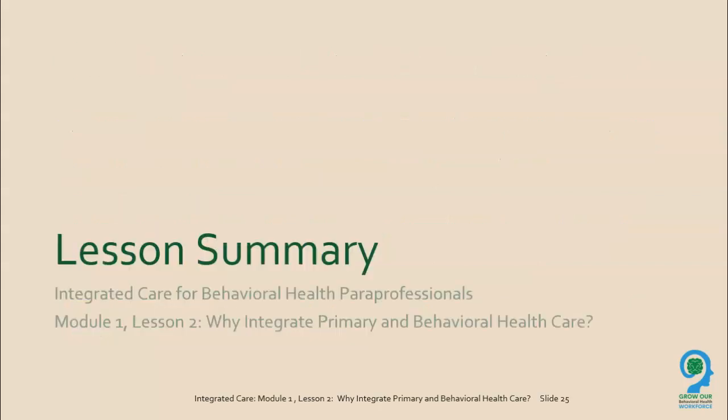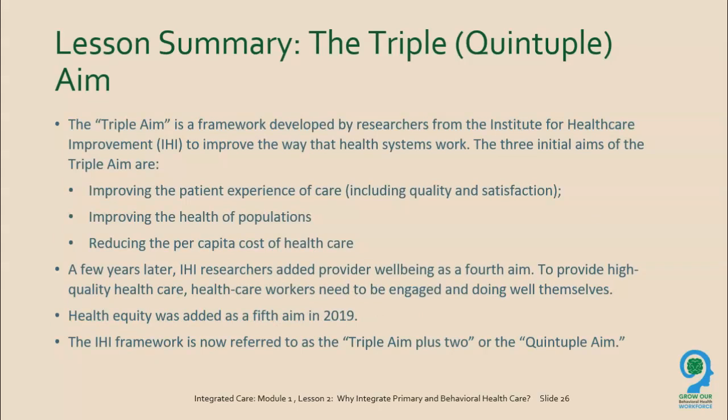So let's recap. The Triple Aim, or now Quintuple Aim. The Triple Aim is a framework developed by researchers from the Institute for Healthcare Improvement to improve the way that health systems work. The three initial aims of the Triple Aim are improving the patient experience of care, including quality and satisfaction, improving the health of populations, and reducing the per capita cost of health care.